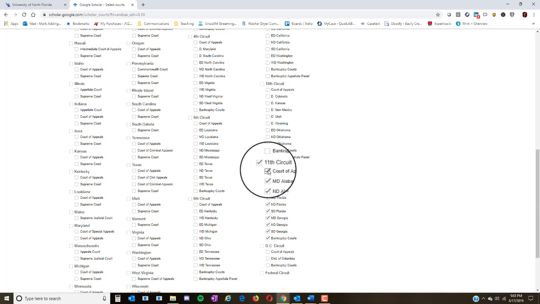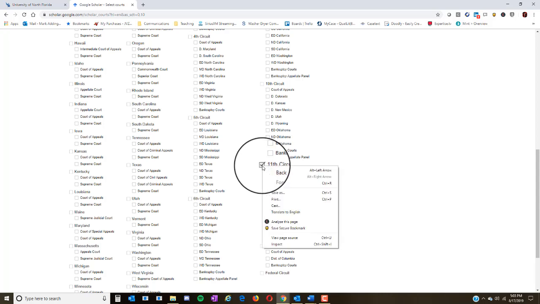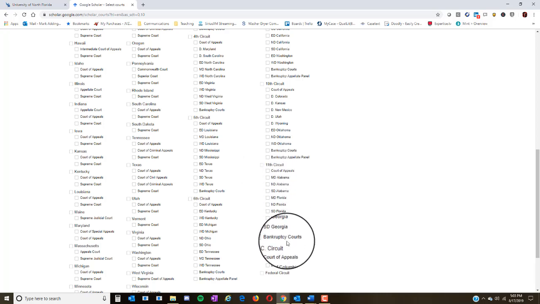Now, the 11th Circuit is a court above that, looking at whether or not the trial court made any mistakes in law when it rendered its decision. All of the opinions from the 11th Circuit are binding on all of these courts below it.